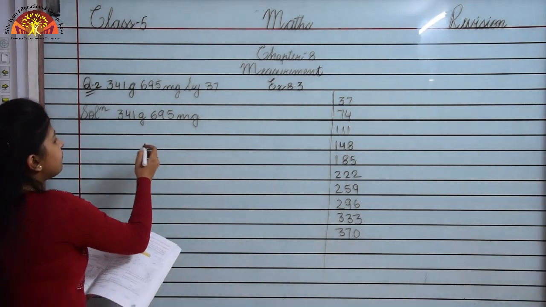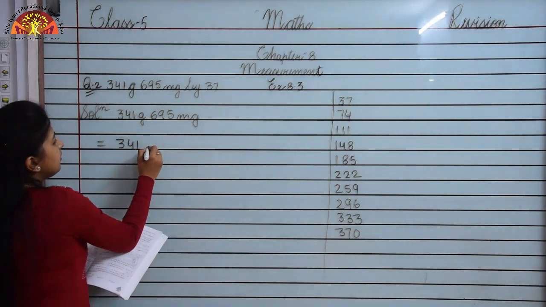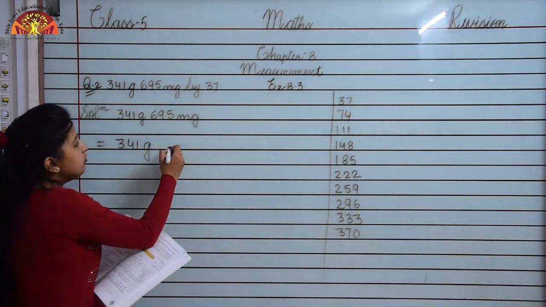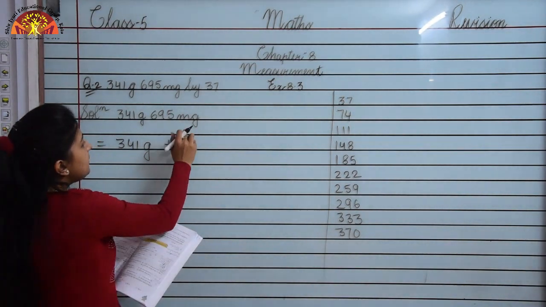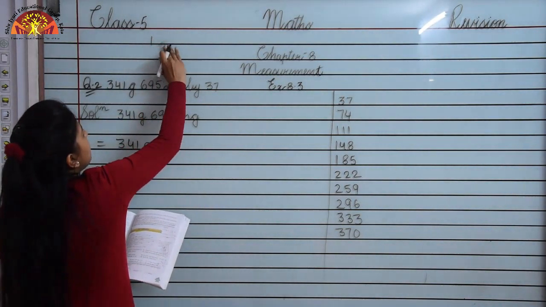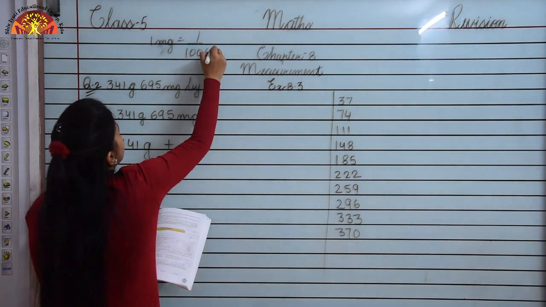Fine. So here 341 is already in bigger unit, so we will convert milligram into gram. Student, as you know, 1 milligram equals to 1 upon 1000 gram.